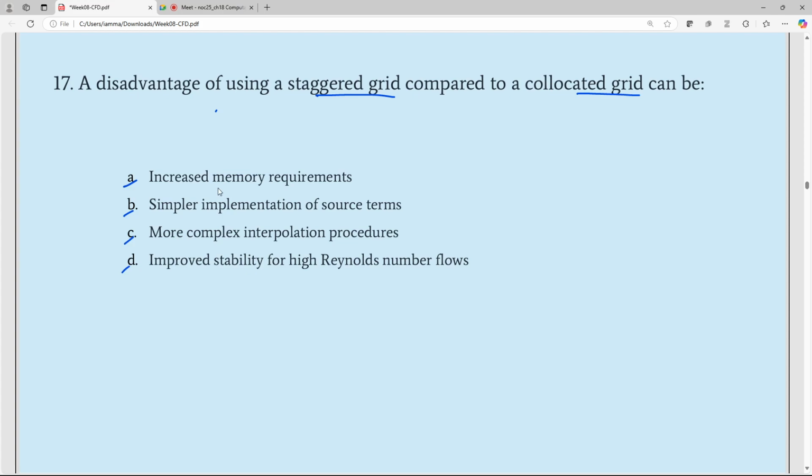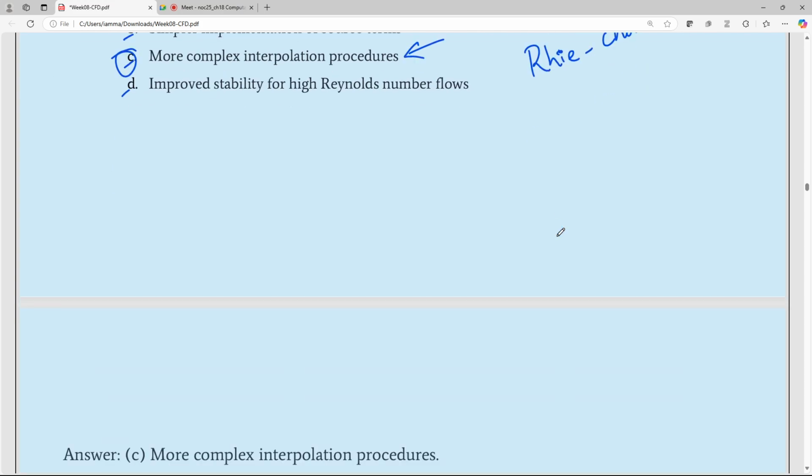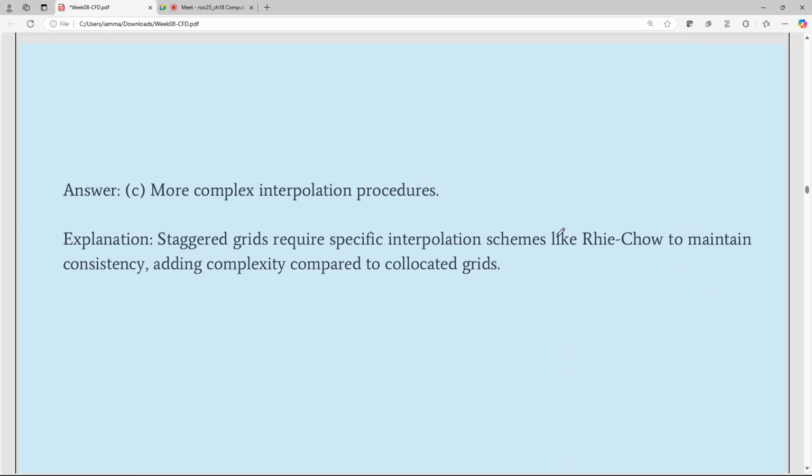Our answer is option C, more complex interpolation procedures. We have seen that Rhie-Chow is an interpolation method used with collocated grid. Such interpolation procedures are required to maintain consistency and to achieve better stability.